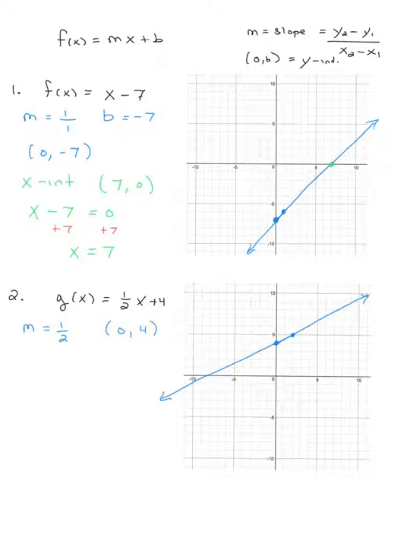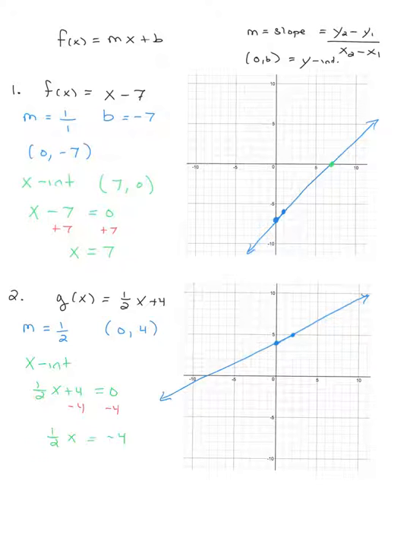So I know the slope, I know the y-intercept, but what's the x-intercept? Again, my sketch could be off because I'm not really using a straight edge. So for the x-intercept, I'm going to go to my equation, which is 1/2 x plus 4. I'm going to set it equal to 0 and solve for x. After I subtract 4 from both sides, I get 1/2 of x is equal to negative 4.